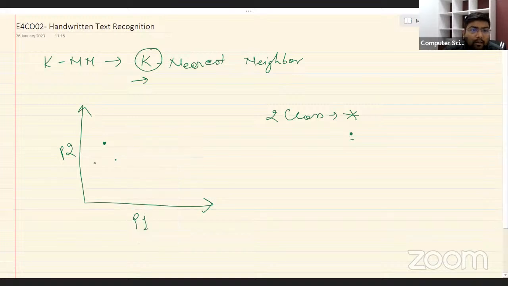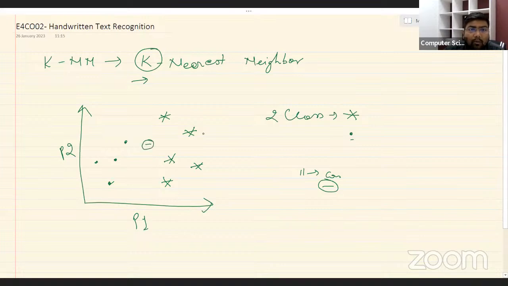Similarly, for the second class, suppose the first is this, second is this, third is this, fourth is this, and fifth is this. Now suppose another 11th instance comes to you, and suppose it is located here.